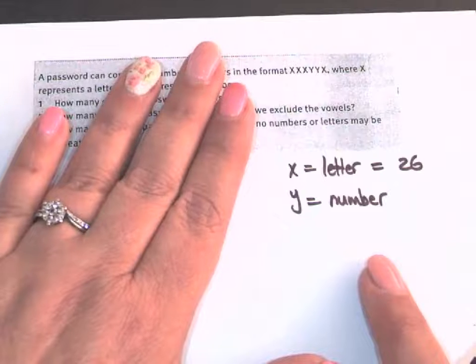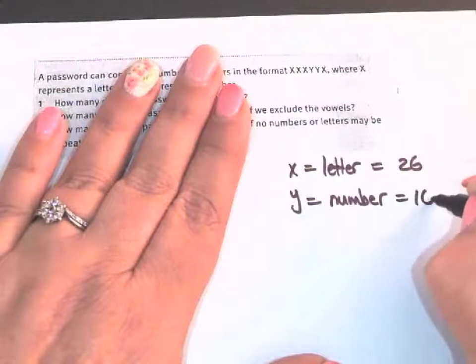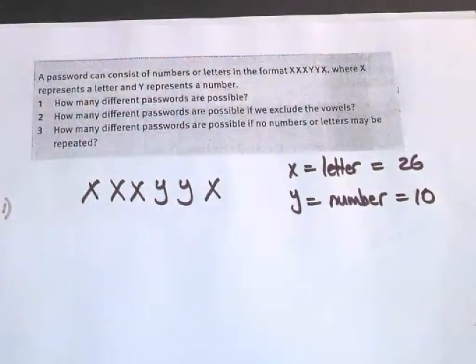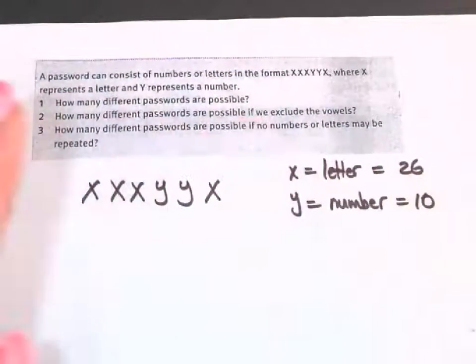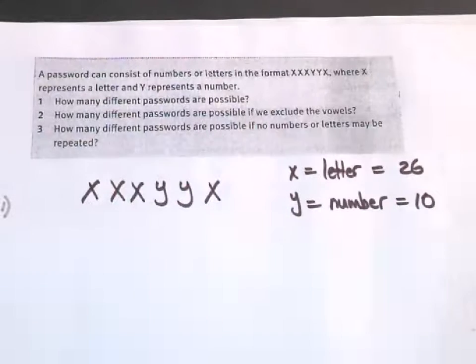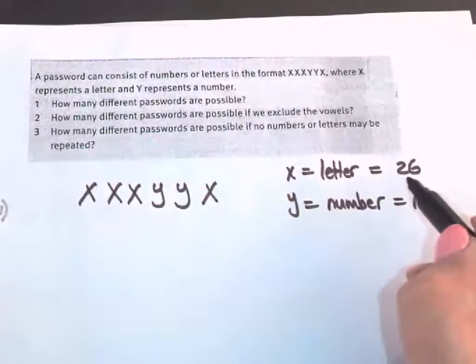From 0 till 9, 10 different numbers. Okay. Now we have to use these to make the password. If we can use identical letters and numbers, x represents a letter.